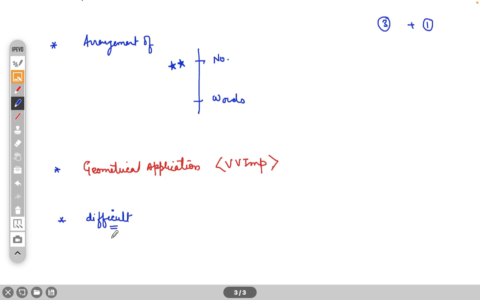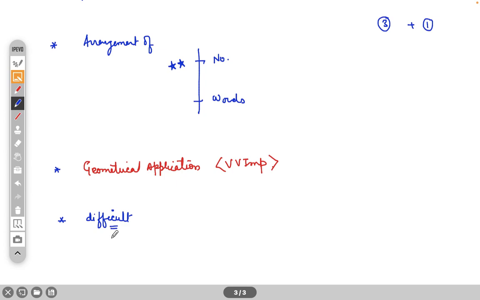If you can crack which pattern it is and how to solve it in 50 seconds after reading the question, then continue, else leave it. Continue when you feel within 40 to 50 seconds that you can do this question, then only invest more time, else leave it, don't worry.